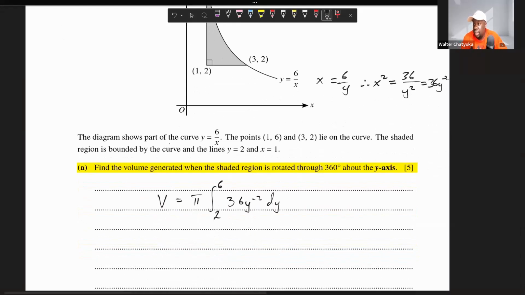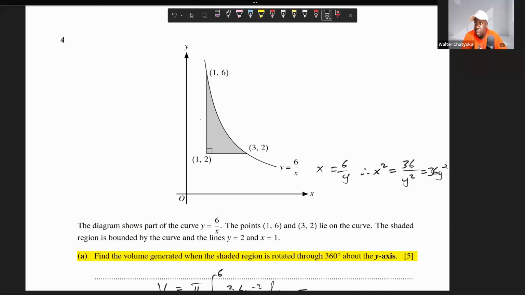But we are going to take away from the volume formed the cylinder generated. The volume of a cylinder is pi r squared h. The height, remember that's from 2 to 6, so the height is 4.